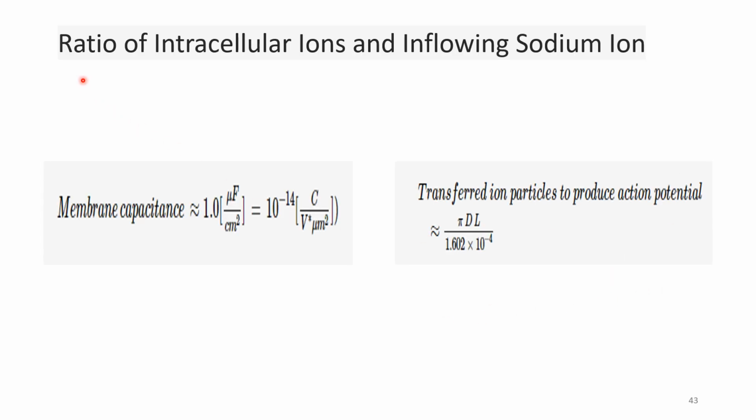Then coming to the next point, the ratio of intracellular ions and flowing sodium ions. It depends upon the membrane capacitance. The transferred particles to produce action potential is derived by pi dL divided by 1.602 into 10 to the power of minus 4.